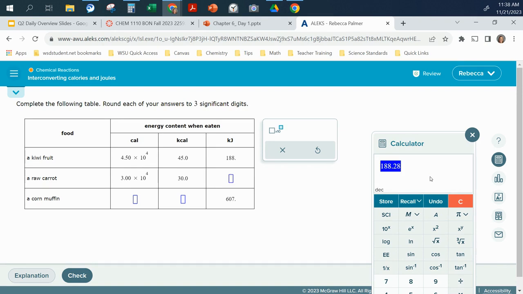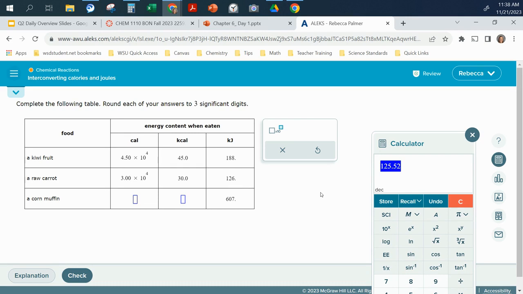So kilojoules on the top, 4.184, for 1 kilocalorie. So we can cancel out the kilocalories. So 30 times 4.184. And then we just have to round this to 3 significant digits. So 126 decimal.